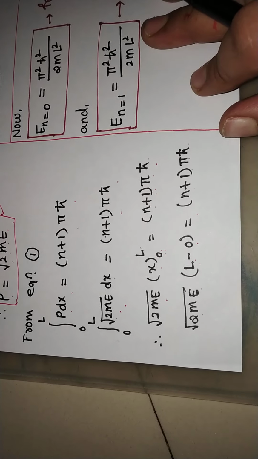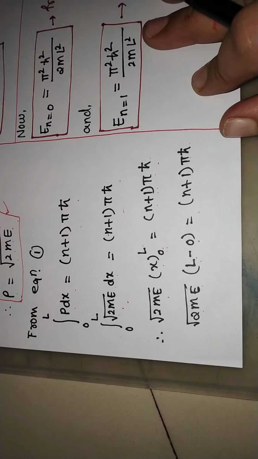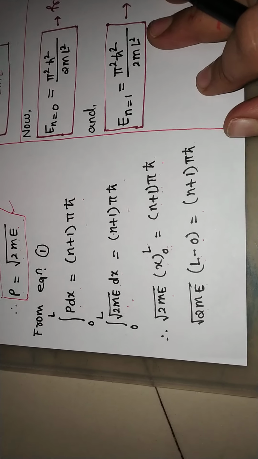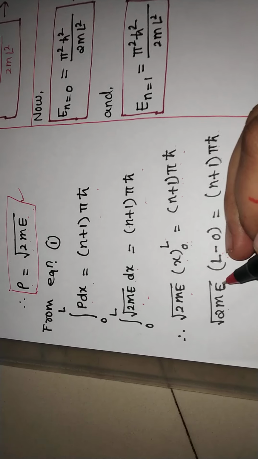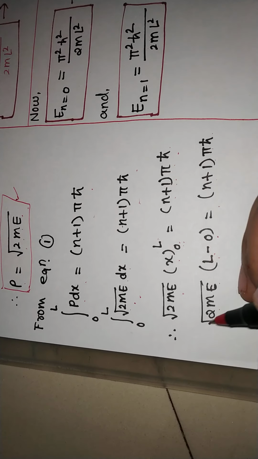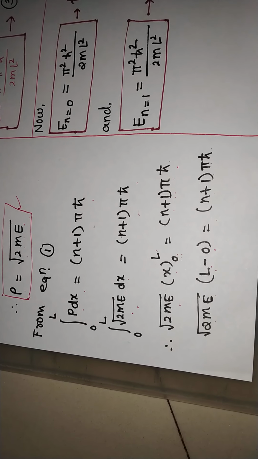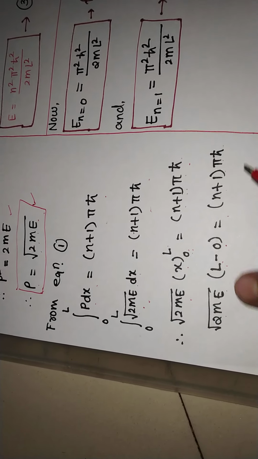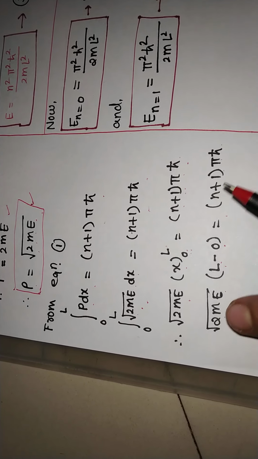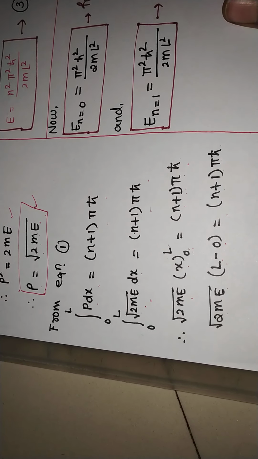Now, as our question is to find the energy of the particle, we have to find this E. So obviously we have to remove this square root, and we can do that by squaring on both sides.